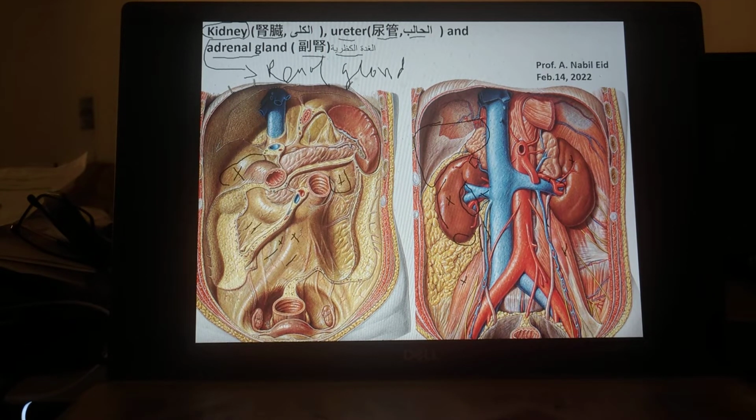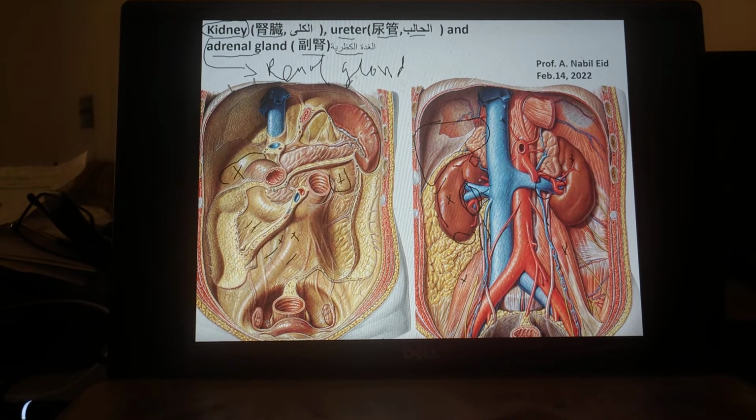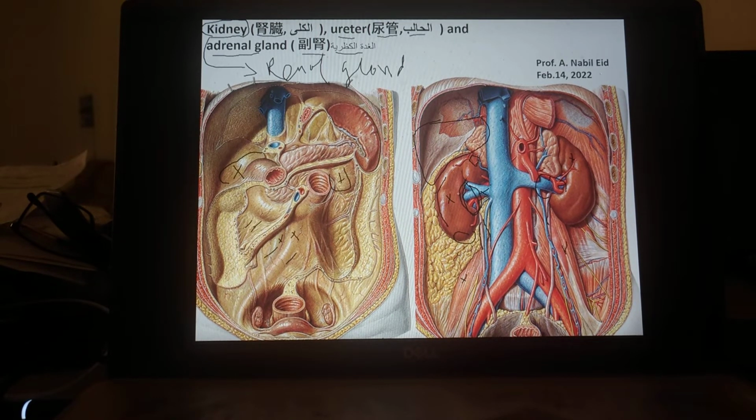So here is the renal hilum. Sorry, it's found at the concave medial border of the kidney. Also, the kidney has an anterior surface here, and of course, it has a posterior surface on the opposite side.